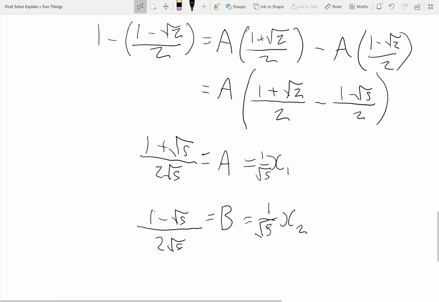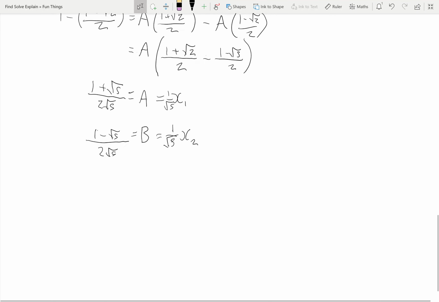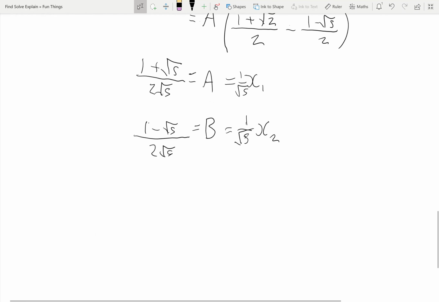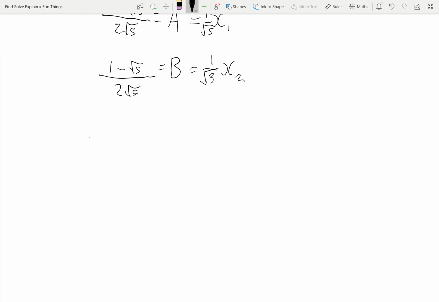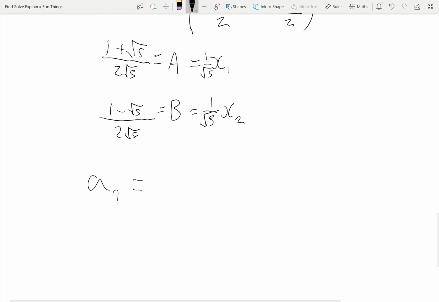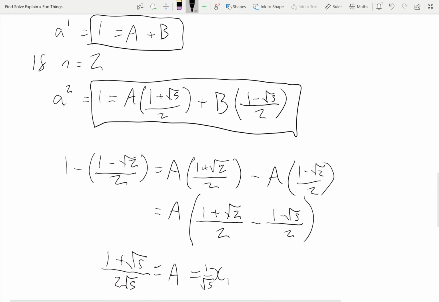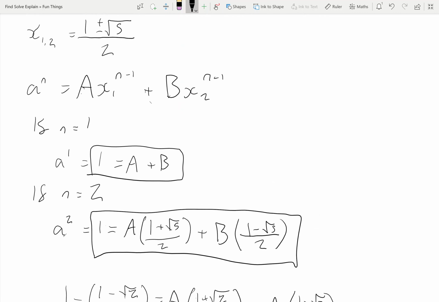So now, finally, we're able to, using all of the stuff we've done, get that a_n is equal to 1 over root 5 x1 to the n minus 1.